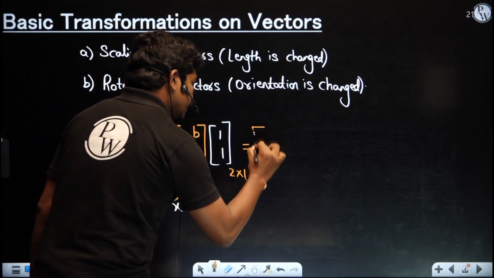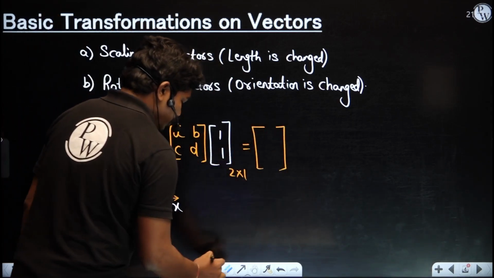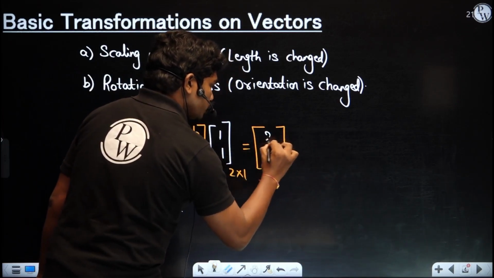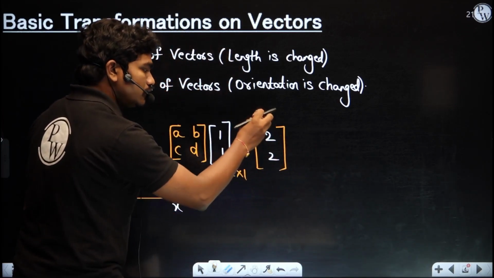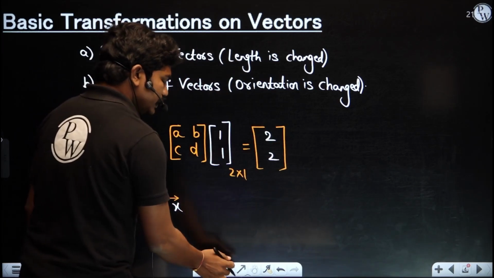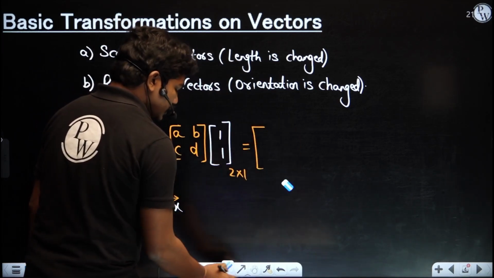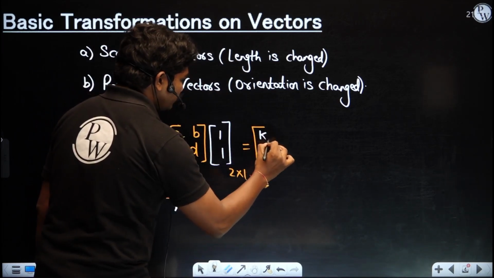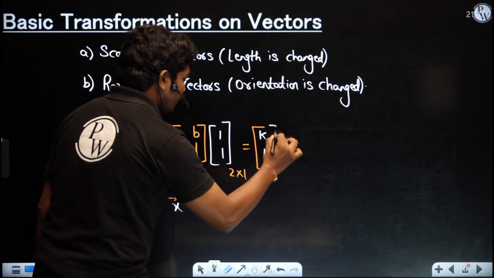The result can come out as maybe (2, 2) or maybe (3, 3), (4, 4), (5, 5), anything can happen. So basically this comes out as some constant times (1, 1) actually.